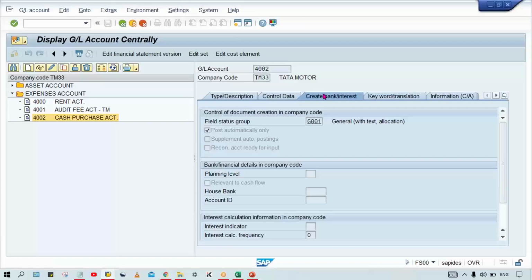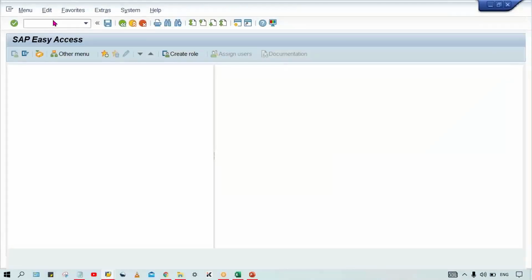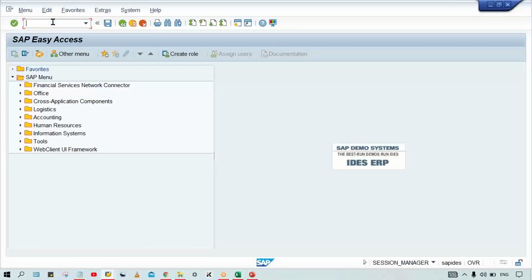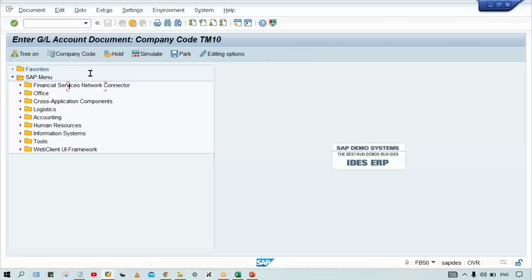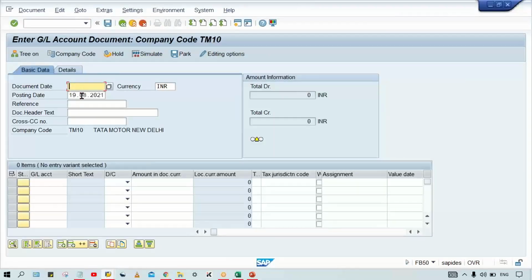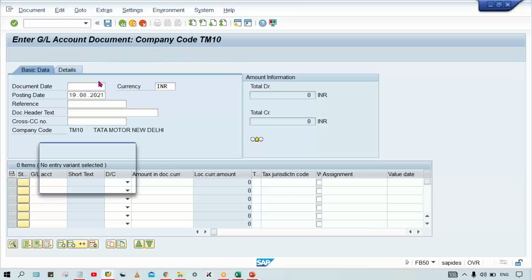let's suppose now I have to post a transaction like FB50. Okay, so here change the company code first, guys.